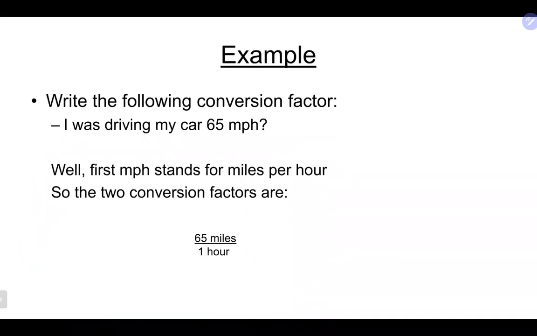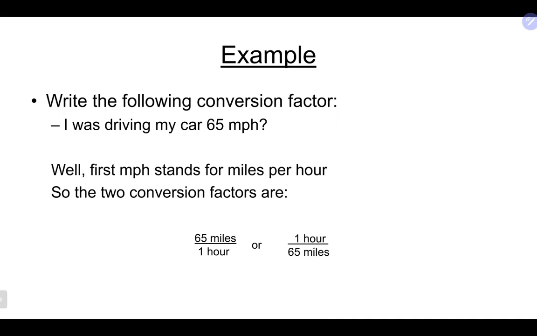So we were driving 65 miles per hour. What that really means is, right, in 1 hour, you could go 65 miles. Or if you went 65 miles, it took you an hour to do so. Now, sometimes we do have conversions where maybe we want to convert both units. We got units on top, units on the bottom.